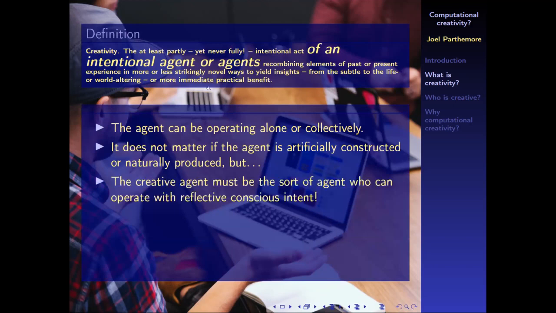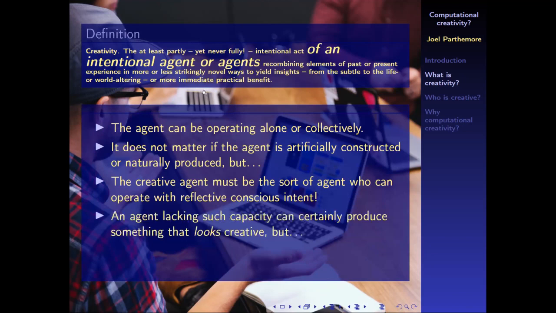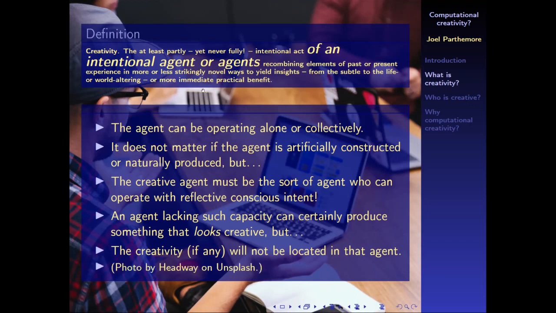But the creative agent must be the sort of agent who can operate with reflective, conscious intent. The agent has to be able to recognize herself as a conscious agent. I'll talk more about that. An agent lacking such capacity can certainly produce something that looks creative, but the creativity, if any, will not, I want to argue, be located in that agent. It will be found elsewhere.